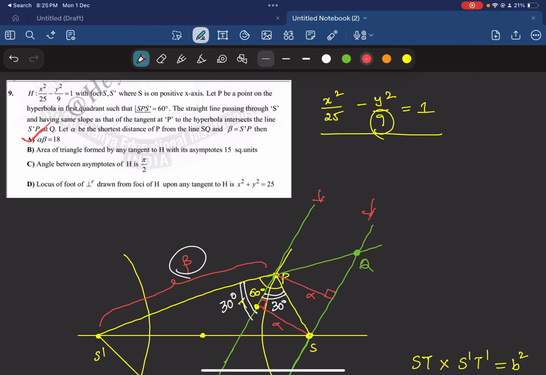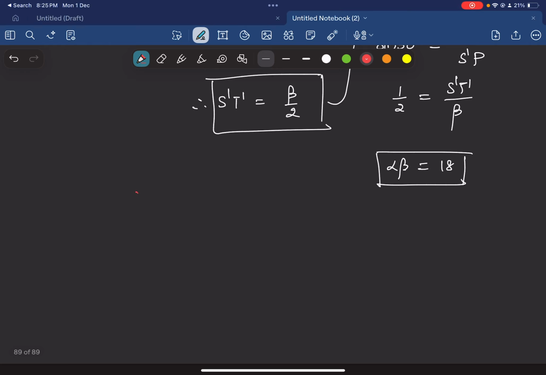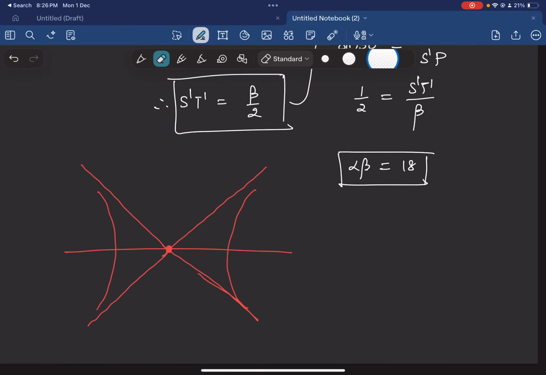Now, area of triangle formed by any tangent to H with its asymptotes. Okay, so they're asking you to find the area of any such triangle. Since the area of any triangle will be the same, what we can do is draw the asymptotes, and these two will be the asymptotes.